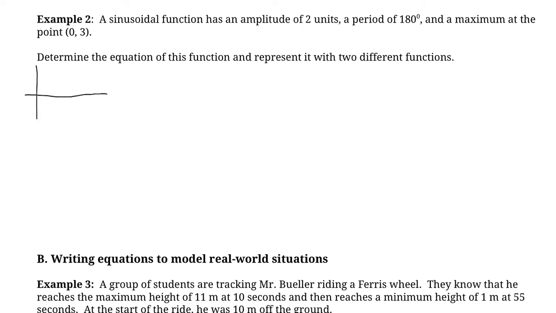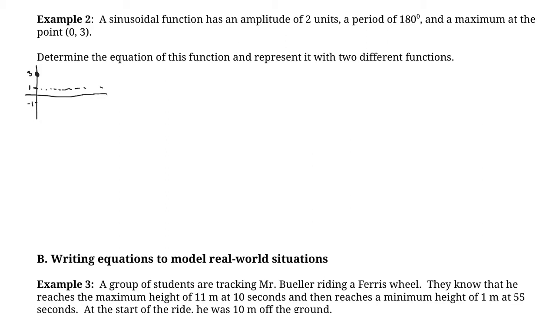So we know that it has a maximum at the point (0, 3). So that's going to be right over here. And it has an amplitude of 2 units. So that would mean that the axis of the curve would be here, it would be 1. That would also mean that the minimum values are going to be at -1.